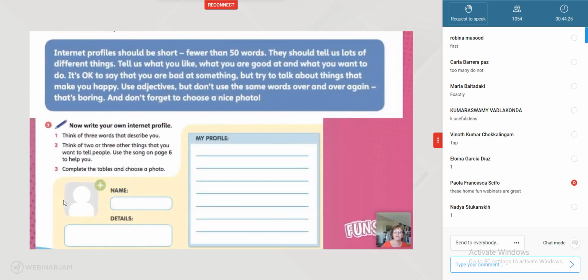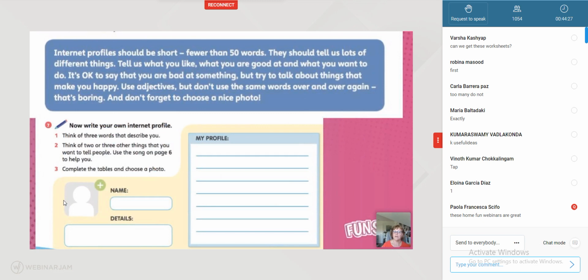So students will then write their own internet profile. And again, we'll give them the steps to do this. Think of 3 words that describe you, 2 or 3 things that you want to tell other people, and complete the tables and choose a photo.